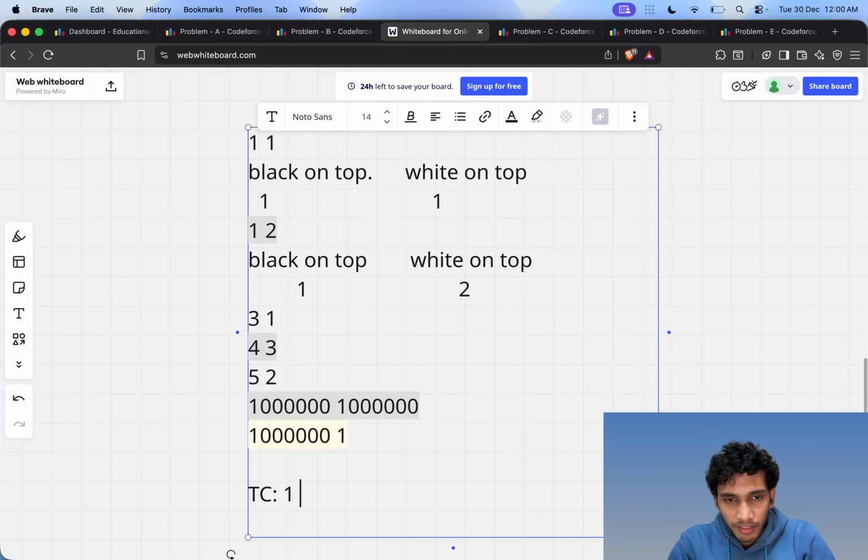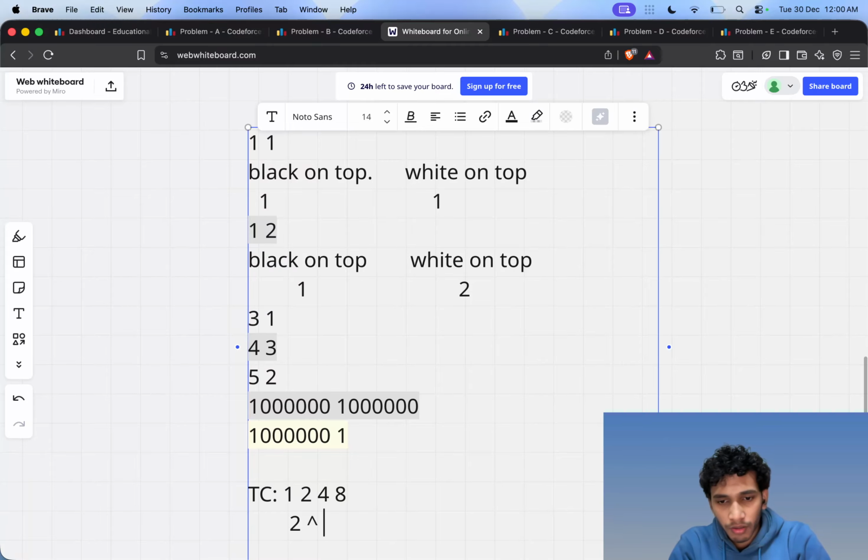In the first iteration the amount of chocolate is 1. In the second iteration it is 2. In the third it is 4. And fourth it is 8, and so on. So in the ith iteration it will be 2 to the power I minus 1.